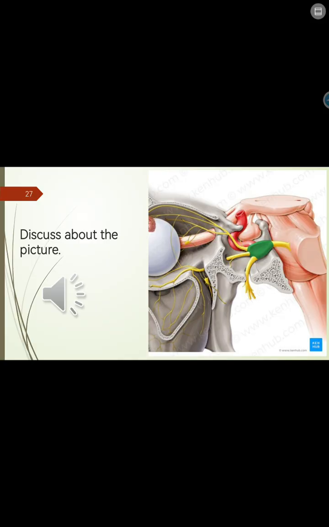Please discuss the picture, which section we have here, and name the different regions. Please think about it.